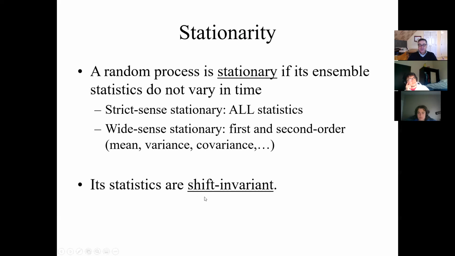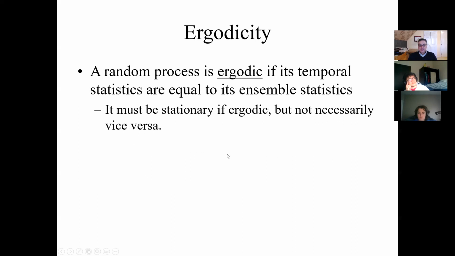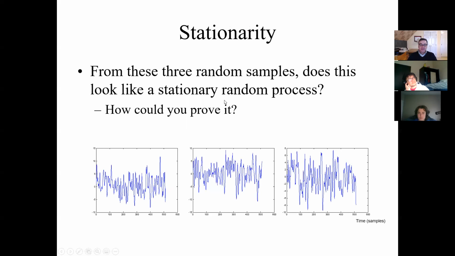Just as we need shift invariance in a system to be able to use the Fourier transform. Okay, so that's a term we're going to hear a good bit. This one you won't ever hear again, so I'm not even going to talk about it. It's just a more specific version of stationarity, but we'll skip it.